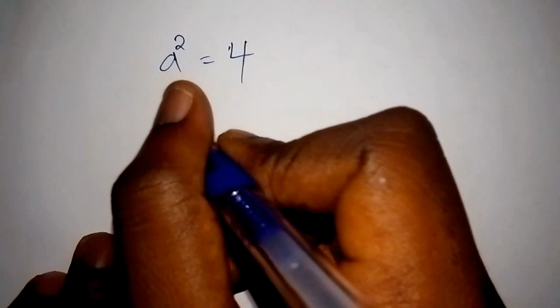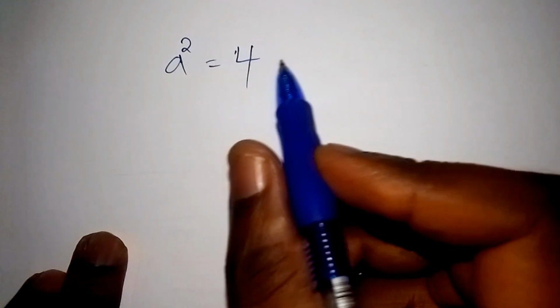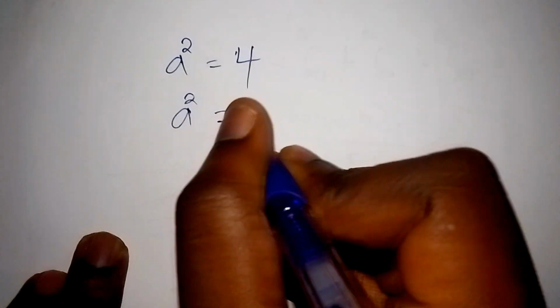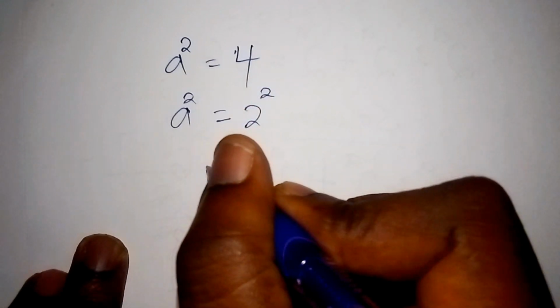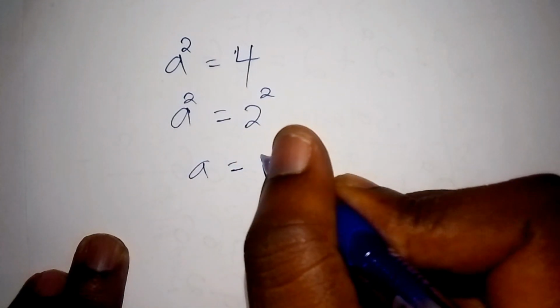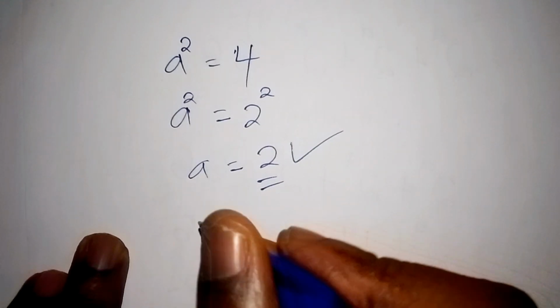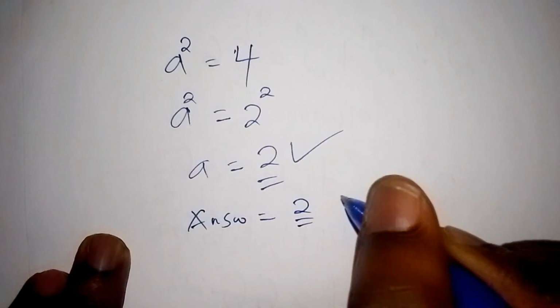Let's work it out by changing 4 to a base and an index number. 4 can also be written as 2 to the power of 2. So now our value for a is equal to 2. Meaning that all of them are 2, so our answer in this case is 2.